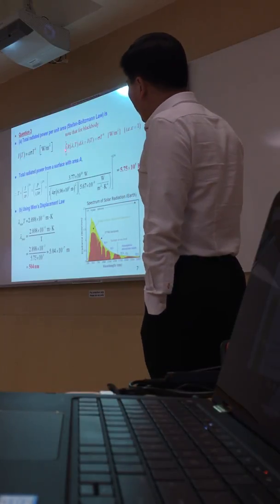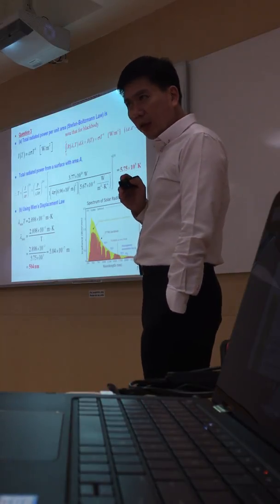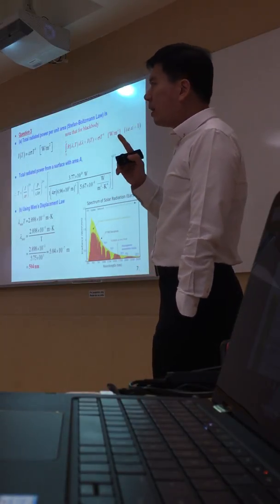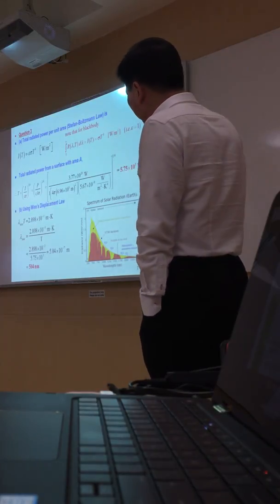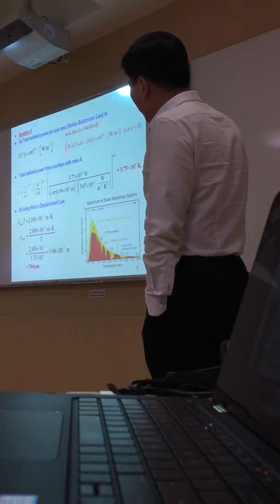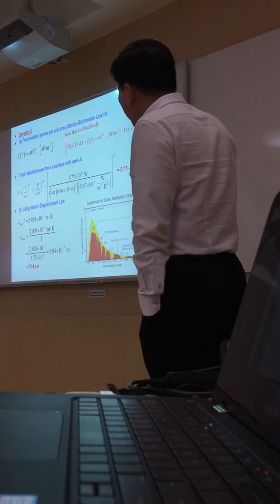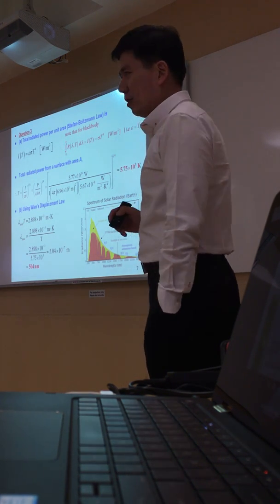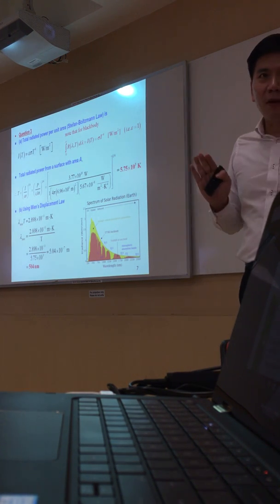Remember, in Planck's radiation law, the area under the curve gives me the power emitted per unit area. If I want to find the total output power, that means across all wavelengths, I integrate Planck's radiation law from 0 to infinity wavelength. Just now I told you that when you integrate this R function from any lambda 1 to lambda 2, there is no closed form.